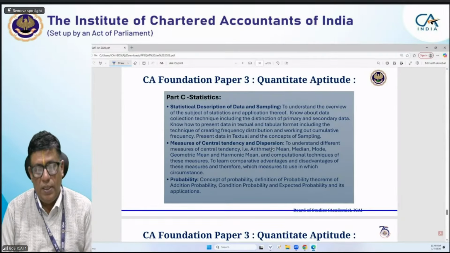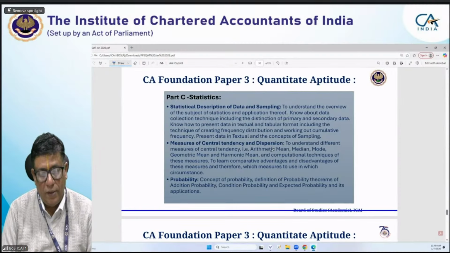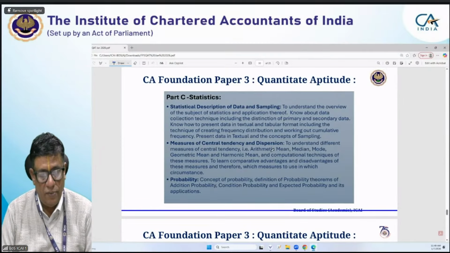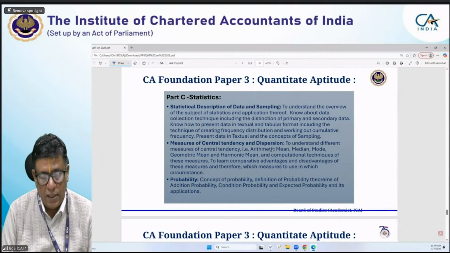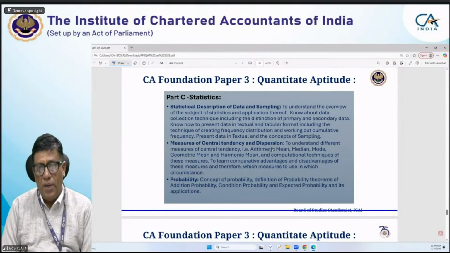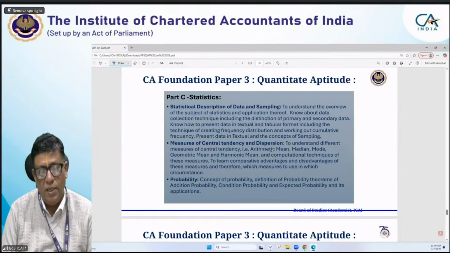Apart from that, you have to understand their properties very carefully: whether the mean is affected by scale and origin, whether the median is affected by scale and origin, or whether the mode is affected by scale and origin.